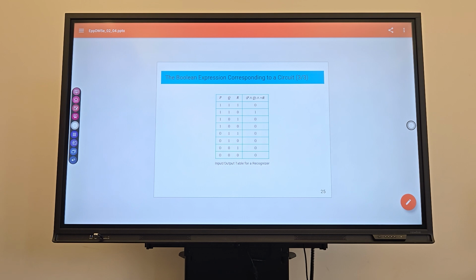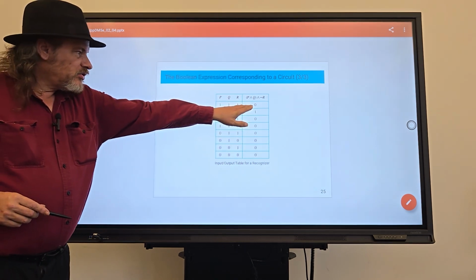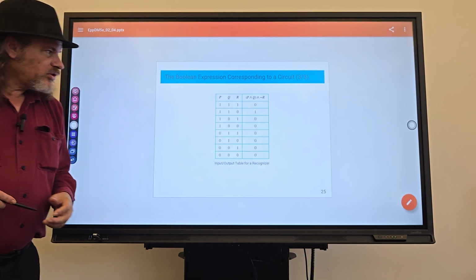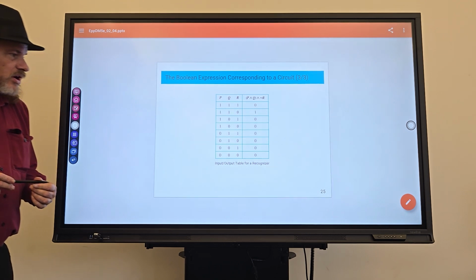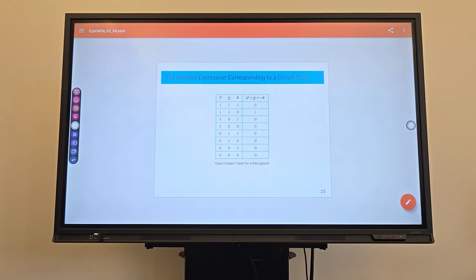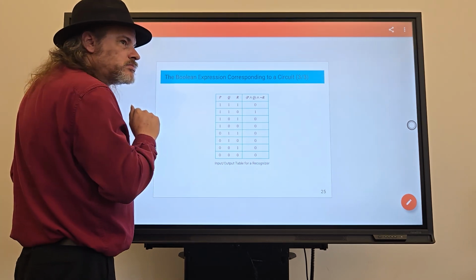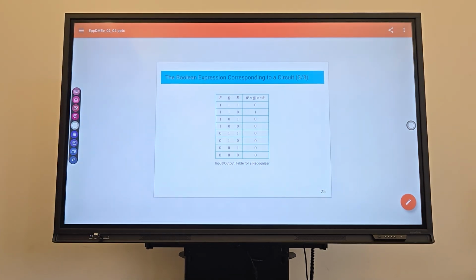It can't be just P and Q, because P and Q with R should also be 0, so it has to be P and Q and not R to recognize that particular combination of inputs. Okay? All right?